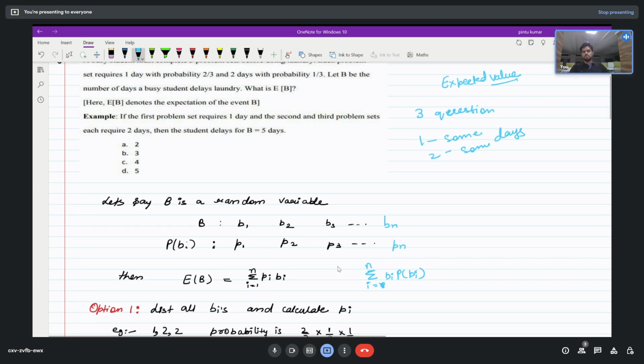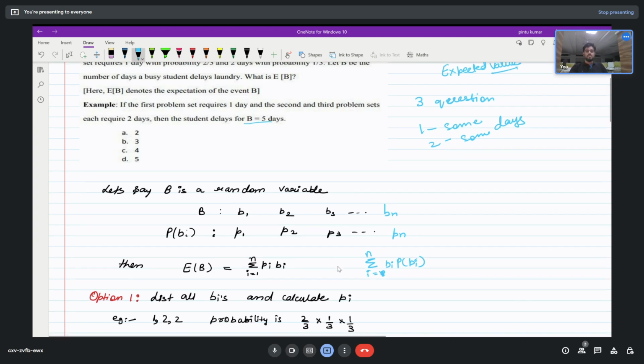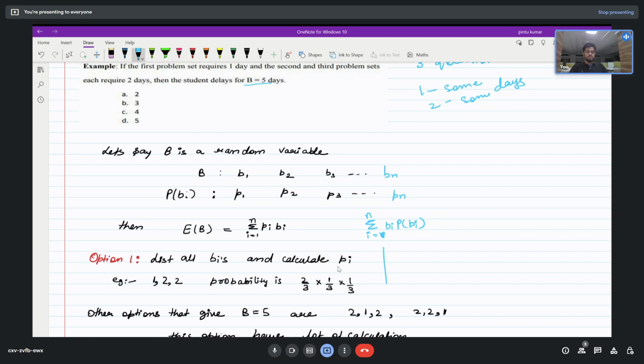So there are a couple of options to solve this problem. The first option: professor has already given an example, like if the problem set requires 1 day to finish the first question, and 2 days to finish the second and third questions each, then the student would delay for B equal to 5. If you look carefully, this B can take values from 3 to 6.